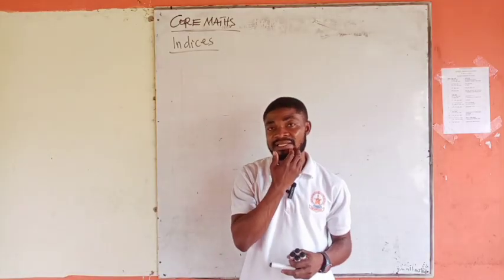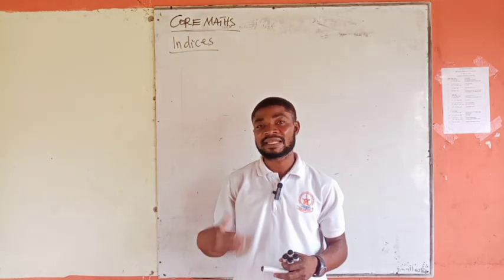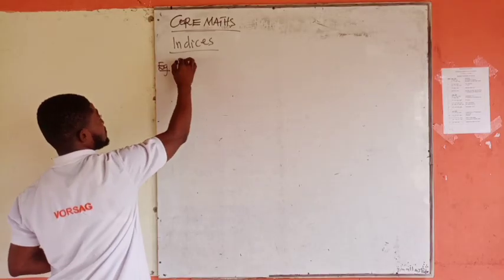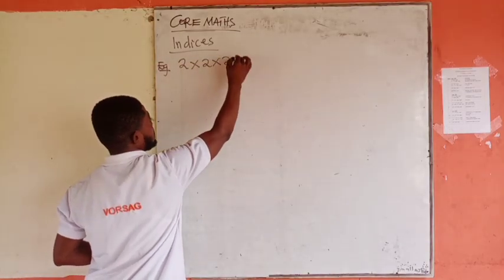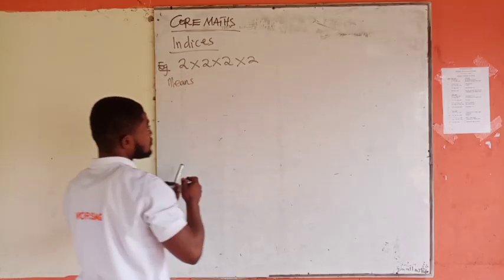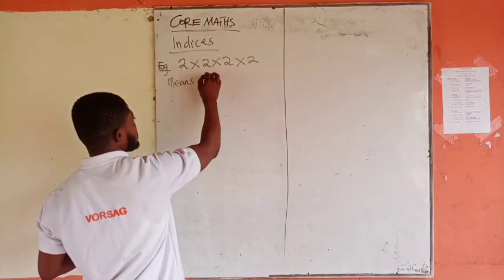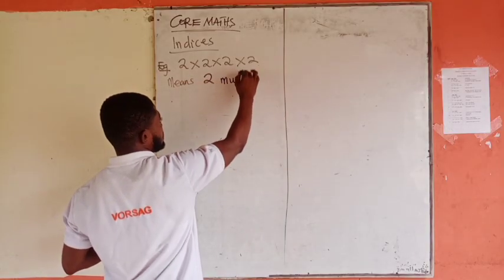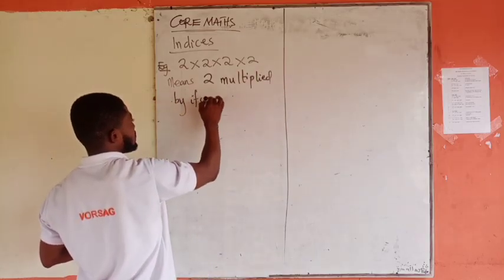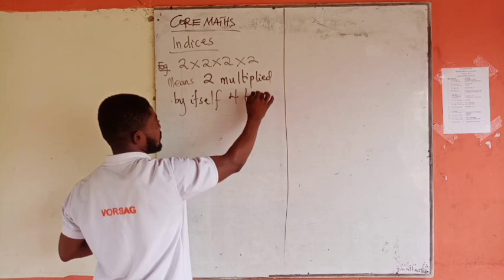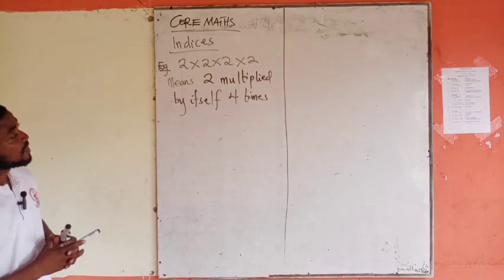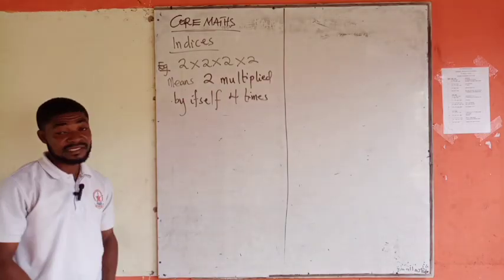So in indices, like I said, when we have a number times itself a number of times, example, 2 times 2 times 2 times 2, it simply means that 2 is multiplied by itself 4 times.